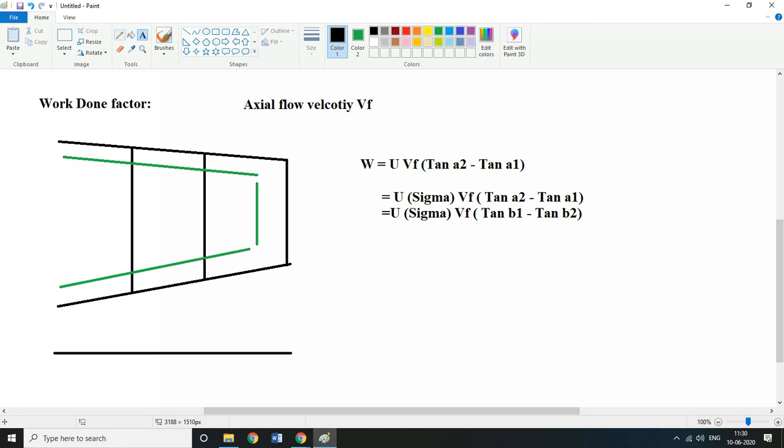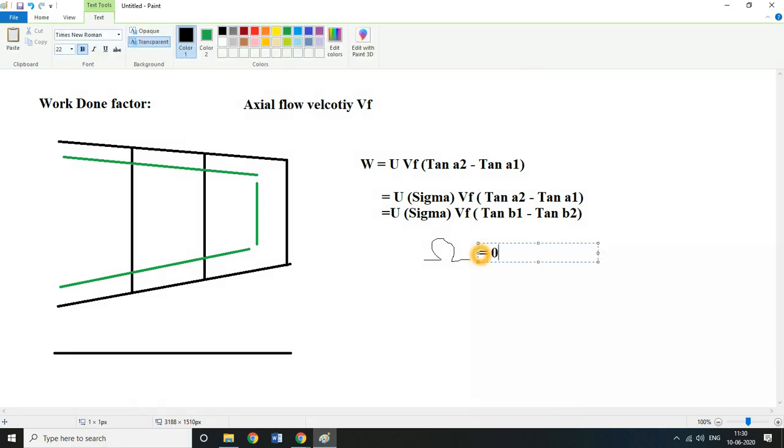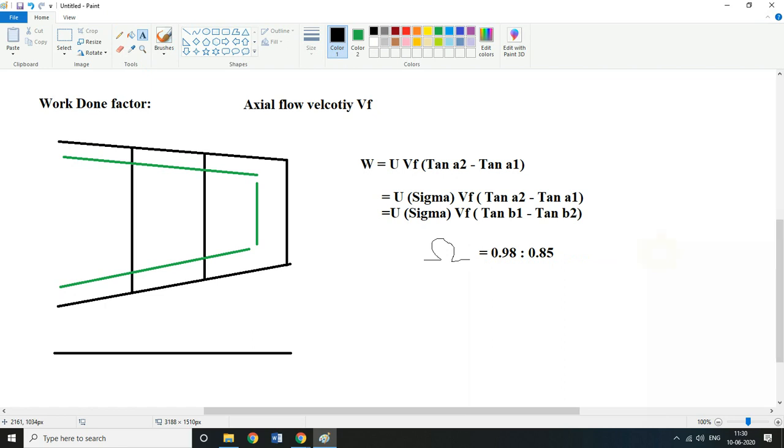How you draw sigma here is like this, and the value of sigma will usually vary somewhere between 0.98 and 0.85. What this means is that the actual work done will be off by a factor of 0.98 to 0.85. So for 100% work, the actual work done would be 98% or 85%. So the range is between there.